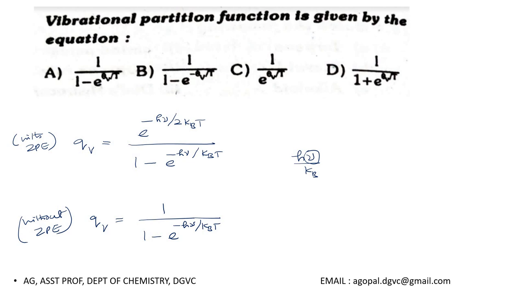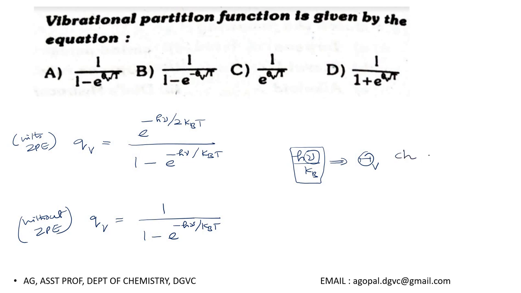This vibrational frequency is a characteristic value for a particular bond, or for a particular diatomic molecule. So h nu by kB is a characteristic value, and its unit is Kelvin.